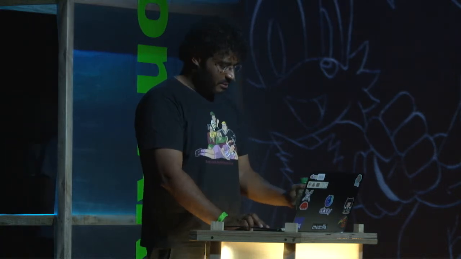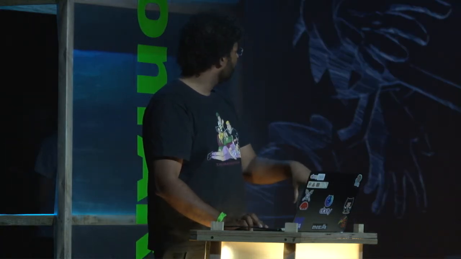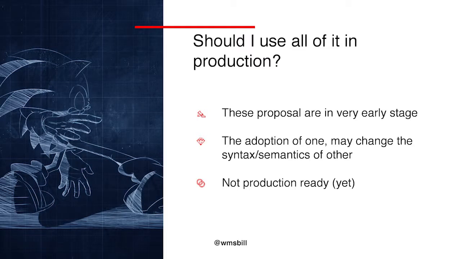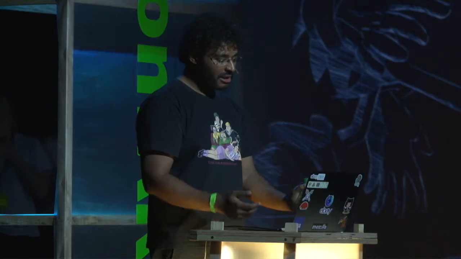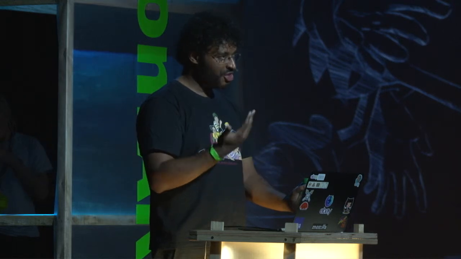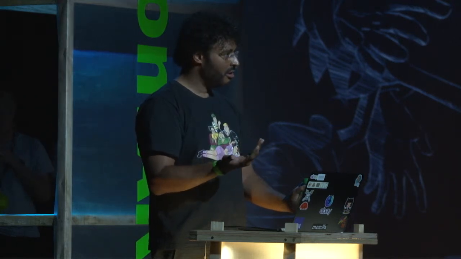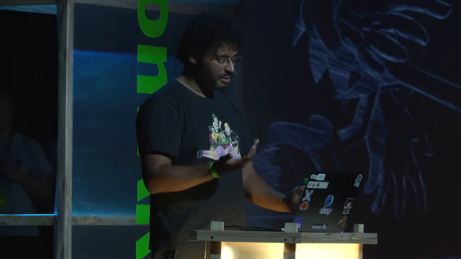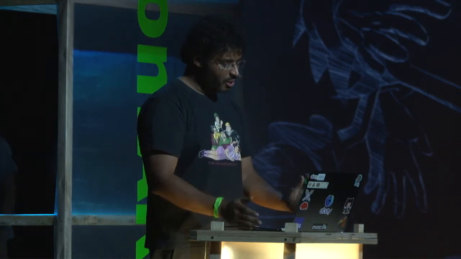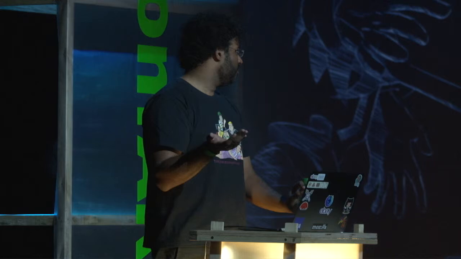Okay, let's wrap up. Should I use all of this in production? Okay, as you can see, there are a lot of aspects of those proposals that are still unsettled. The adoption of one could reshape the syntax and semantics of the other feature, or even remove it completely. So, should we use this in production? I would say not yet, but I encourage you to try them out.